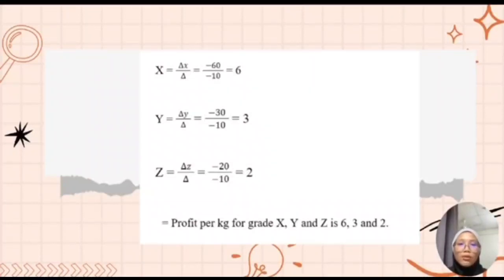To find y, we divide determinant y by the determinant, and we get 3. And for z, we divide determinant z by the determinant, and we get 2. So the profit per kg for grade X, Y, and Z is 6, 3, and 2. That's all from me. Thank you.